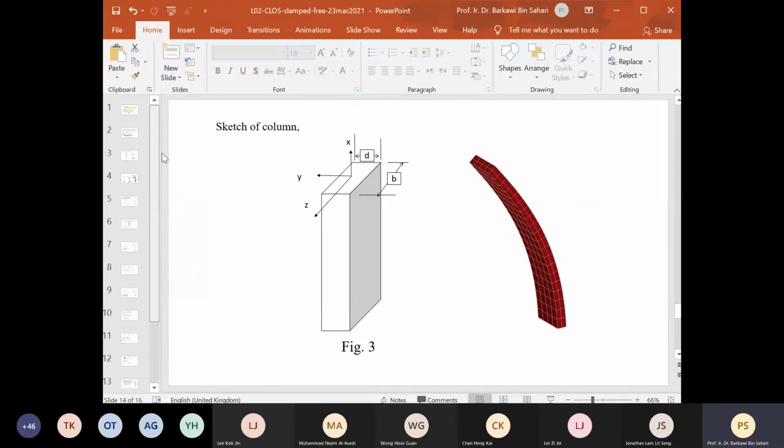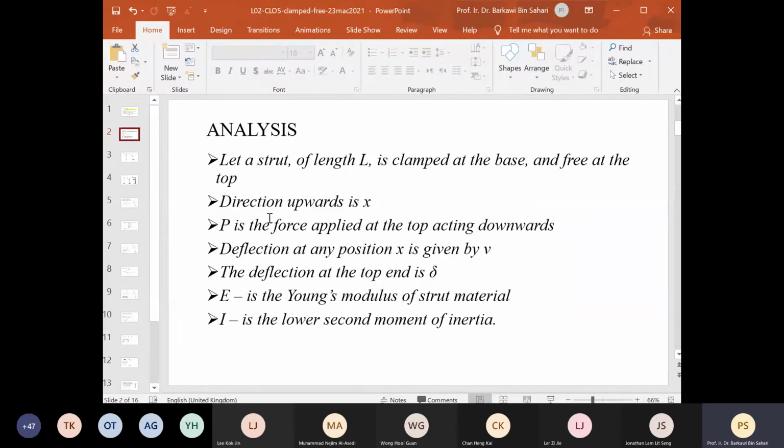We take the direction upwards as x direction because our bending equation is M equal to EI d2v dx squared, so it has a derivative with x. P is the force applied at the top acting downwards, so that means it is a compressive force.